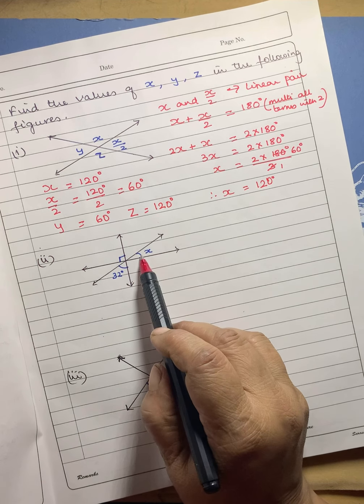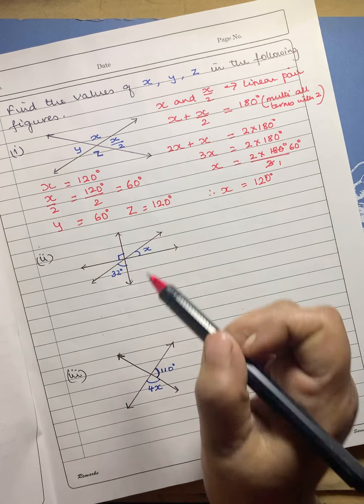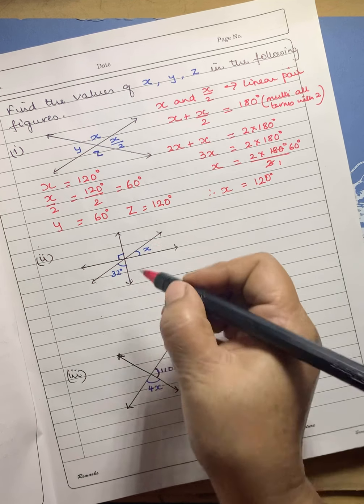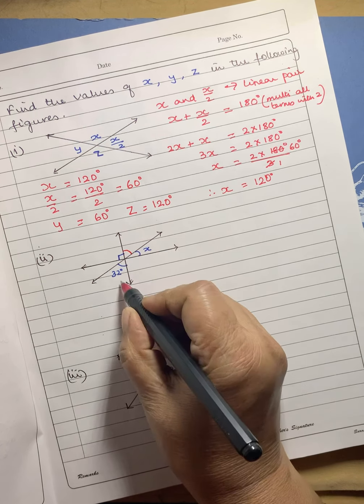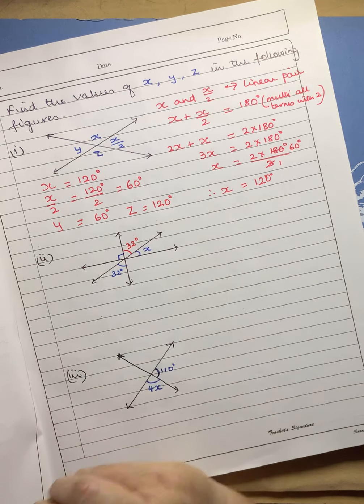This one. x and this is given as 90 degrees. This angle is vertically opposite 32 degrees, so this is 32 degrees.